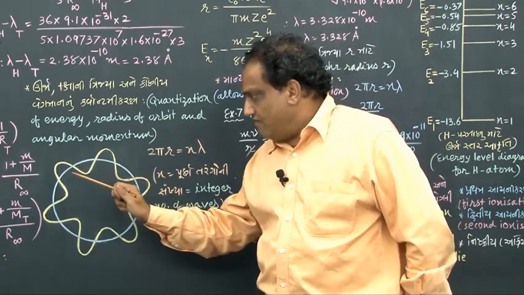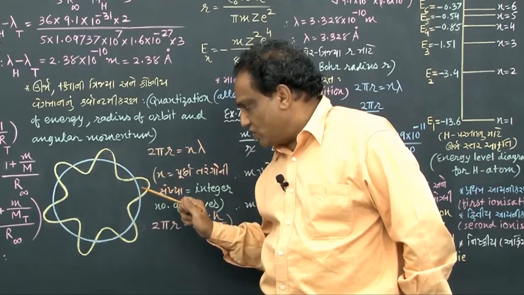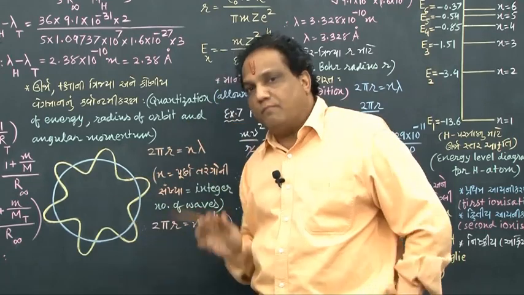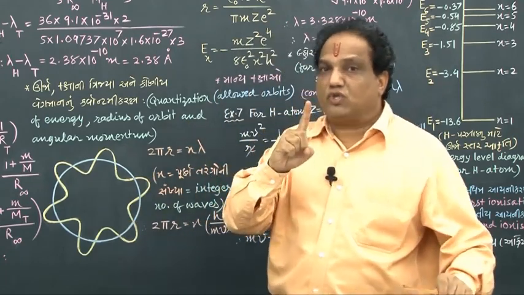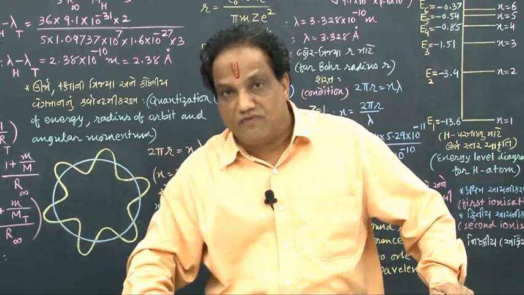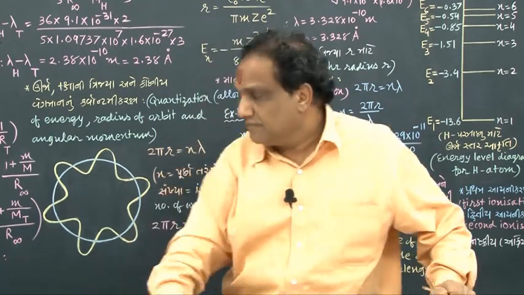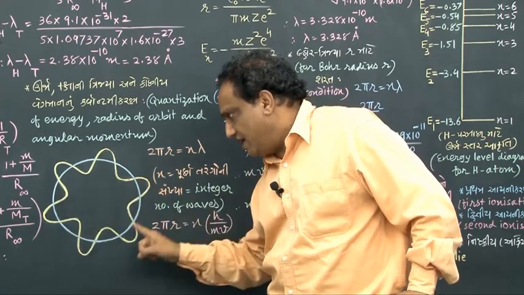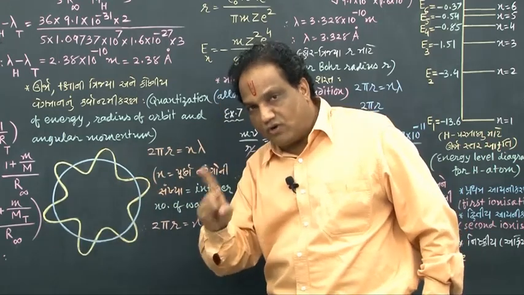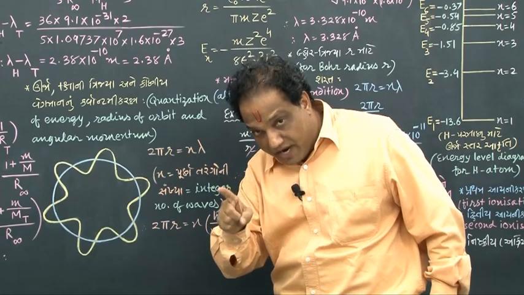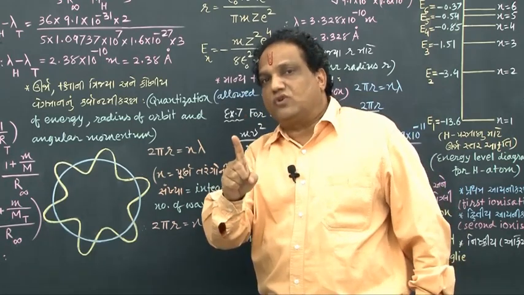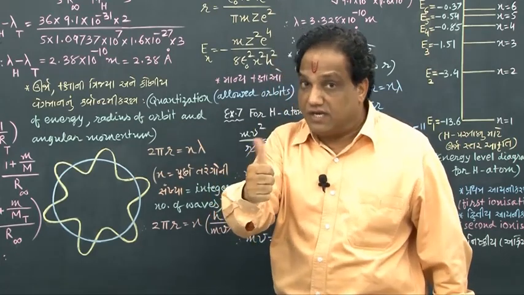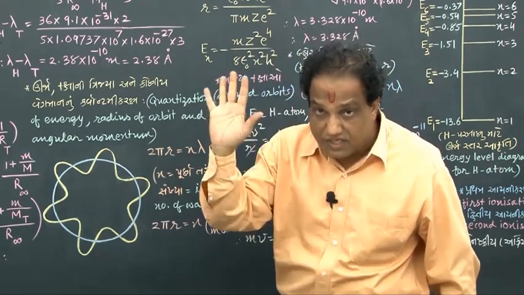Now, if we want to represent the motion of electron, that is right now orbital motion of electron, by a wave, that wave should be stationary wave, because if electron is moving in this orbit, and if this is permitted orbit or Bohr orbit or stationary orbit or allowed orbit, then you know electron while circulating in permitted or allowed orbit, it does not emit any energy.